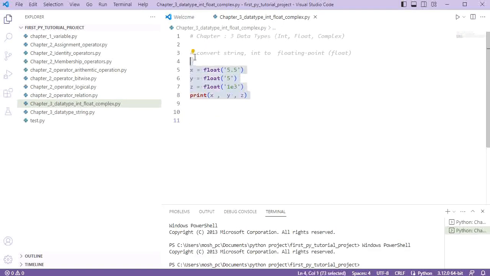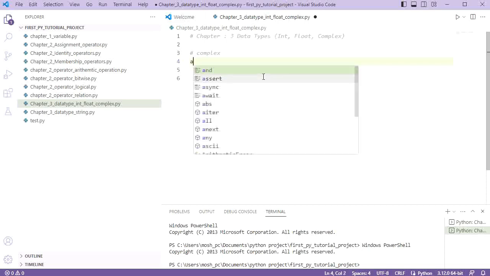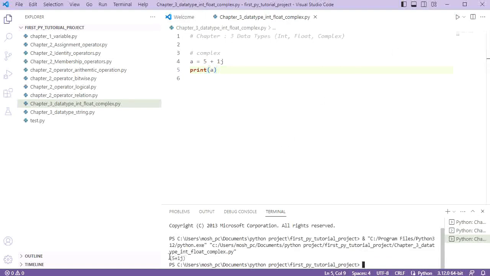Now we will learn about complex numbers. A complex number is represented by a real and an imaginary part, where the imaginary part is specified with a suffix lowercase j or uppercase J. Note here, when we use any other character instead of j, then we get an error.